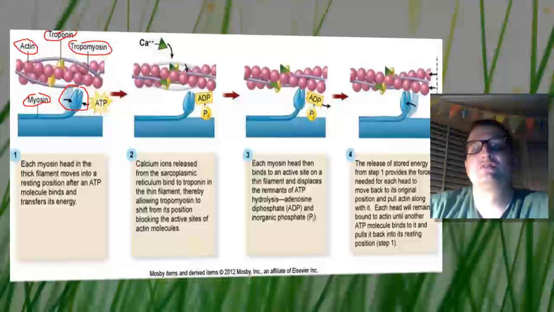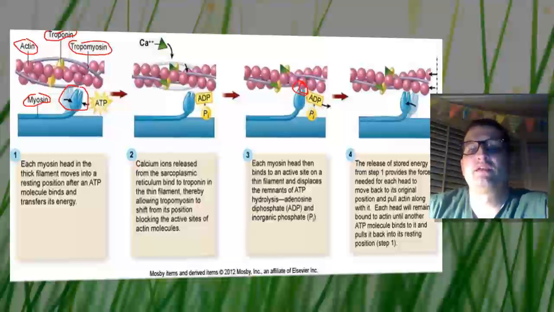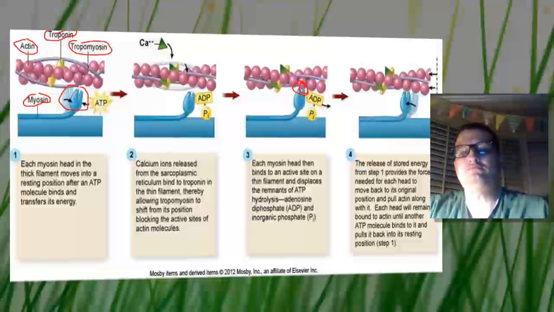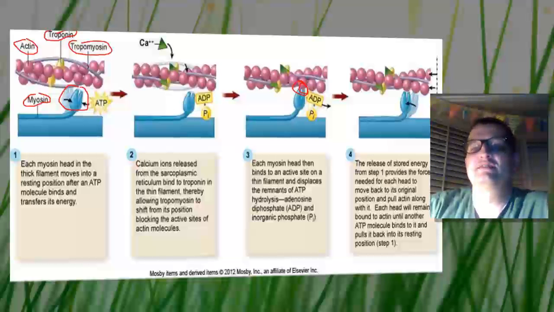This allows the actin and myosin to bind here, that's shown there, and that displaces the ATP, which is now cleaved to form ADP and phosphate, and that releases the energy.